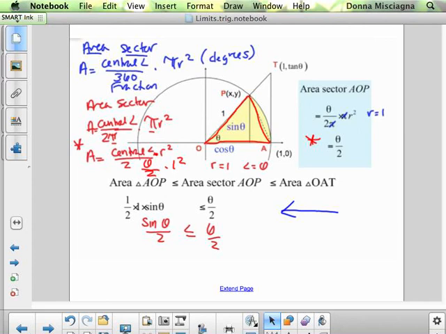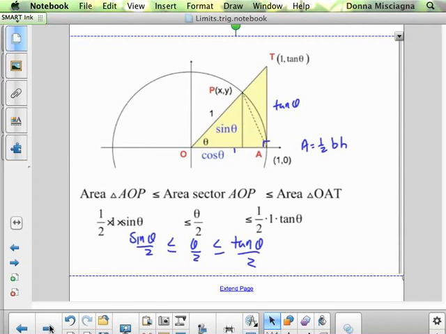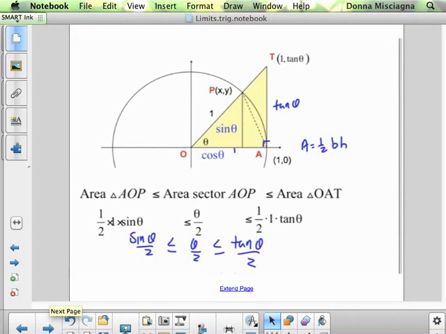How are we going to calculate the area? Why not just use 1/2 times base times height? I could have used that in the first one instead of Heron's formula. So the base is 1, right? Here's the base of the triangle, and that is 1.